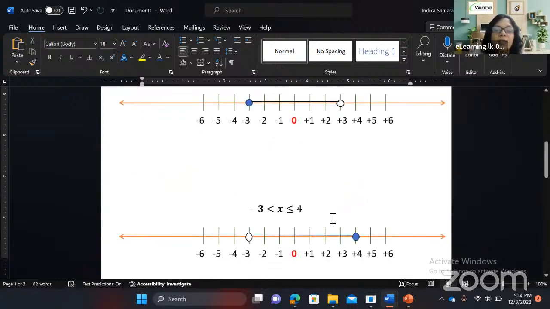Here also it's representing a semi-open interval. How do we represent it? The first one is an open interval. Therefore, you have to represent it as -3, comma. The number 4 is a closed interval. Therefore, you have to put a square bracket on the side of number 4.